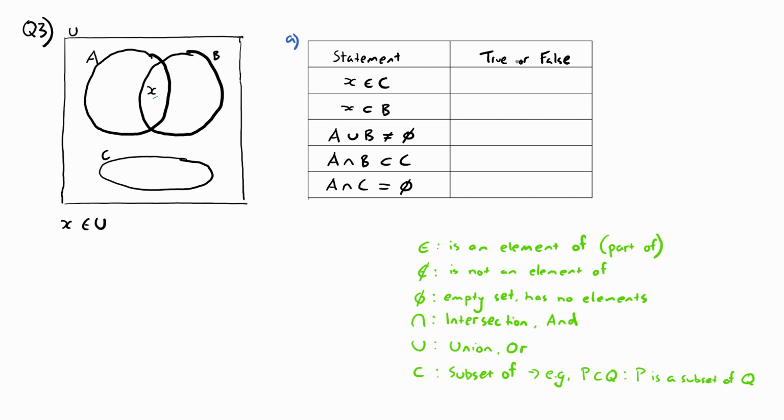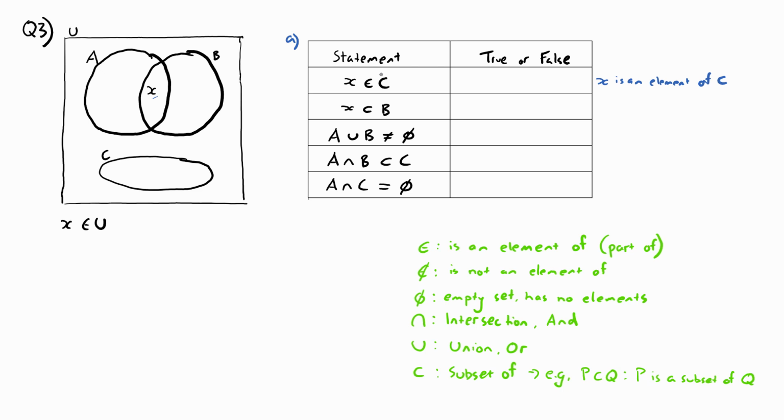Now, in order to answer the true or false column, we need to understand some of these Venn diagram and probability symbols, and I've written them out here, the key ones we need to know in green. We'll reference these as we go through these one by one. So let's work them through. The first one asks, X is an element of C. That's what this means in words.